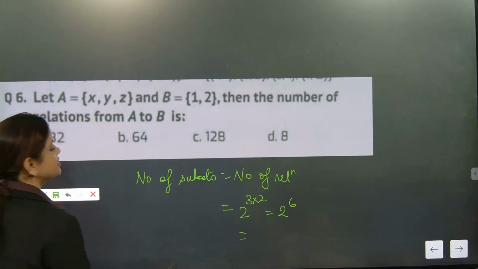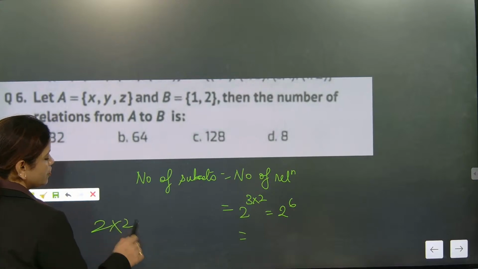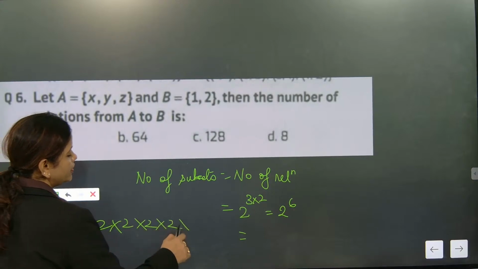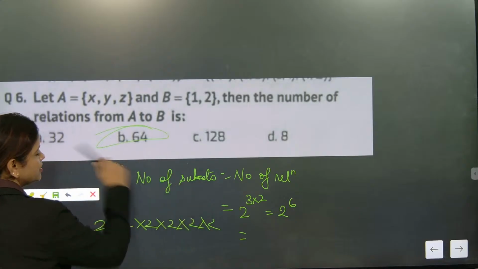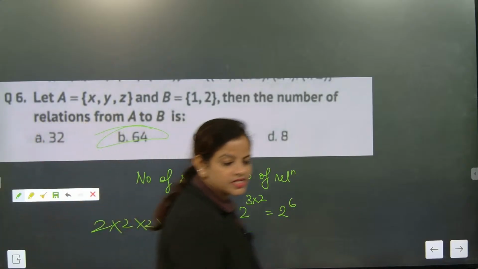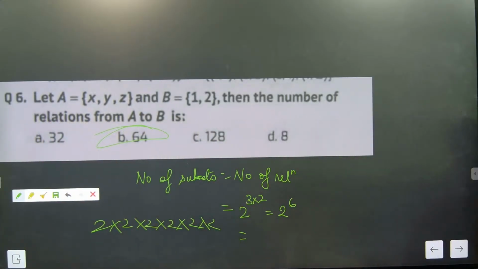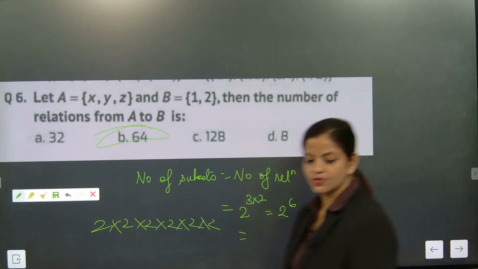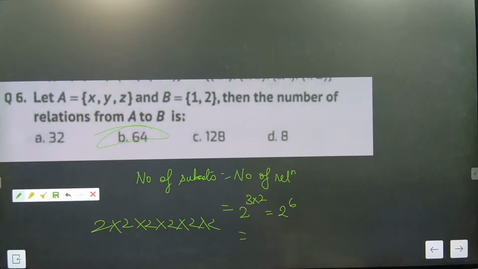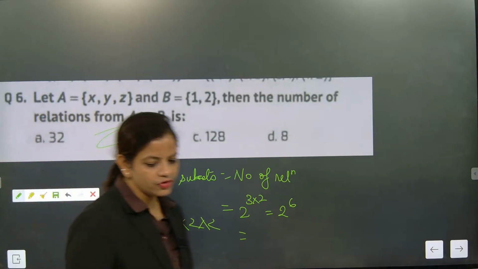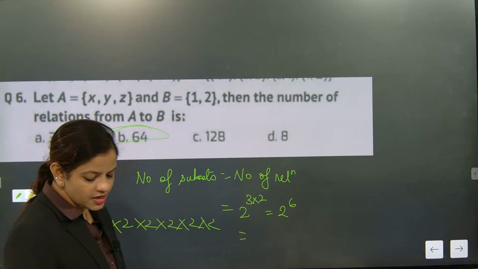And 2 to the power 6 is how much? 2 into 2 into 2 into 2 into 2 into 2. 2 2s are 4, 4 2s are 8, 16, 32 and 64. Understood? So that answer is exactly coming as 64.